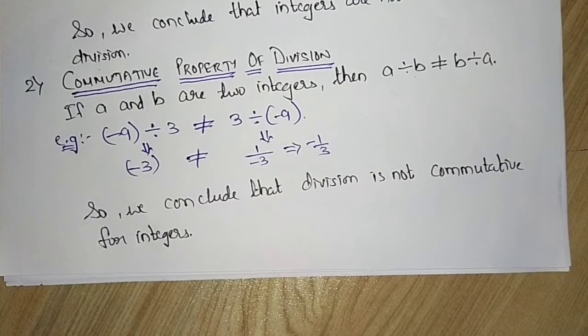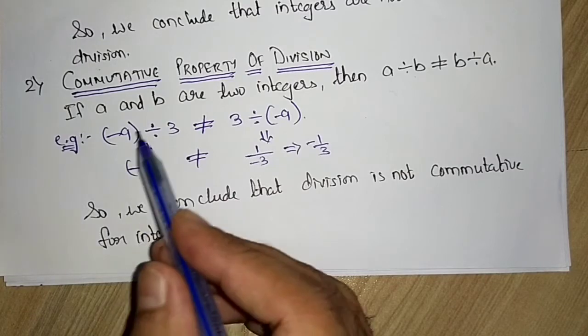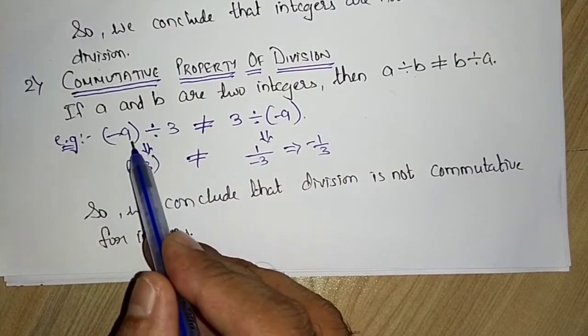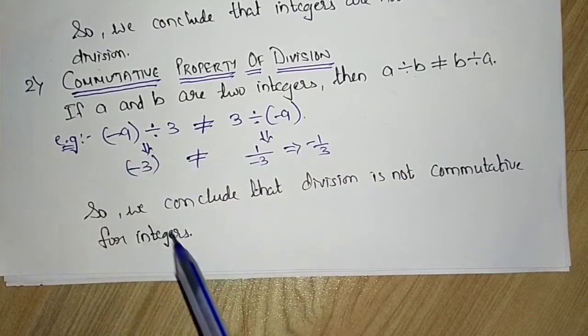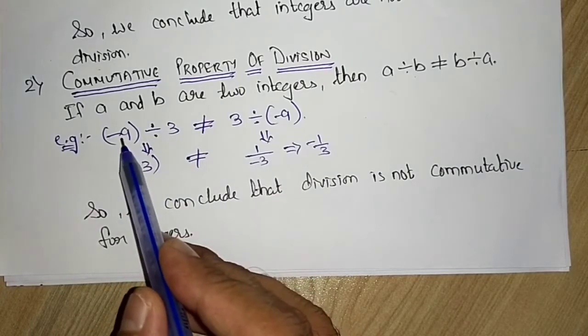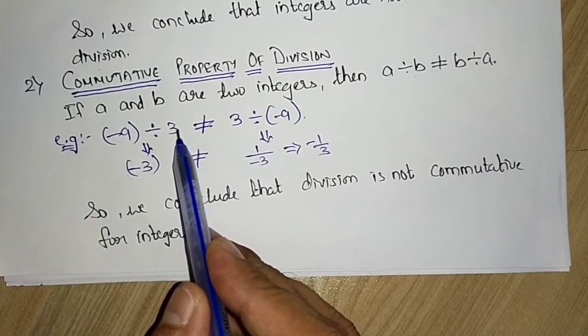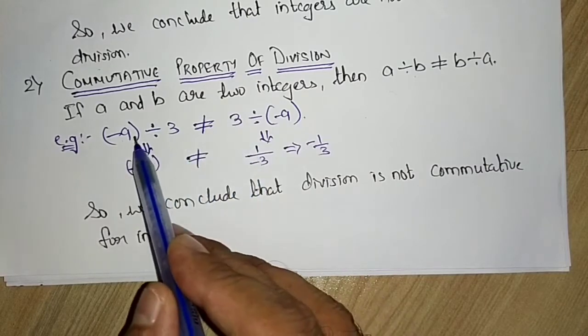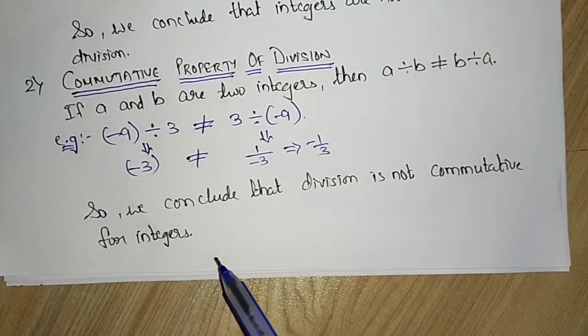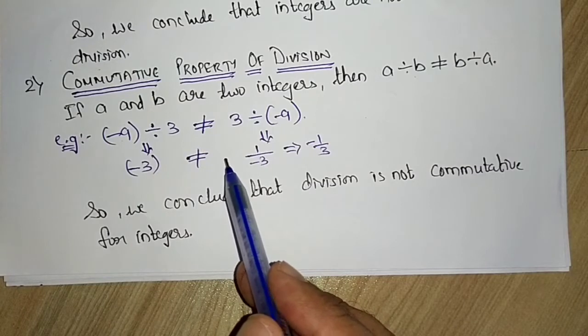Let me explain it with an example. If there are a and b, two integers, let me take -9 and 3 as a and b. If you do a divided by b or b divided by a, you will not get the same answer.